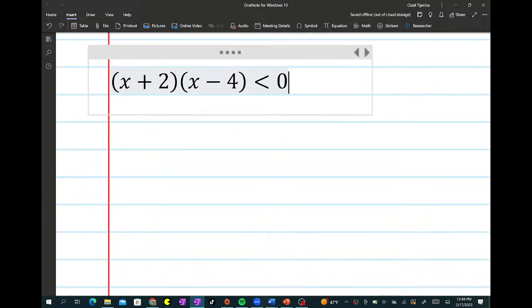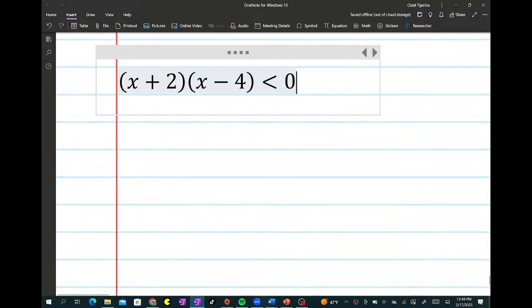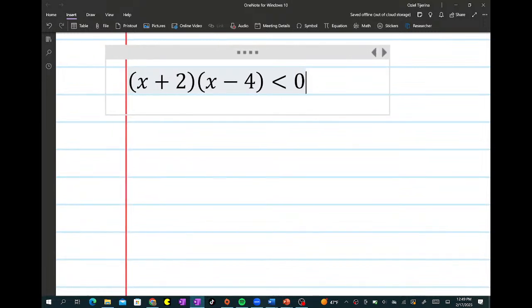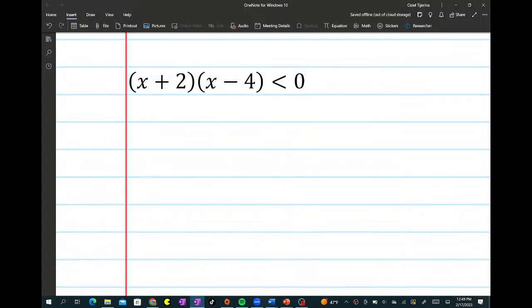I feel like quadratic inequalities are much simpler because they take less time than rational inequalities. Rational inequalities can be very hard, depending on how many solution sets there are. So here, we obviously have the x-intercepts, and if you have not noticed already, it's x equals -2, x equals 4.